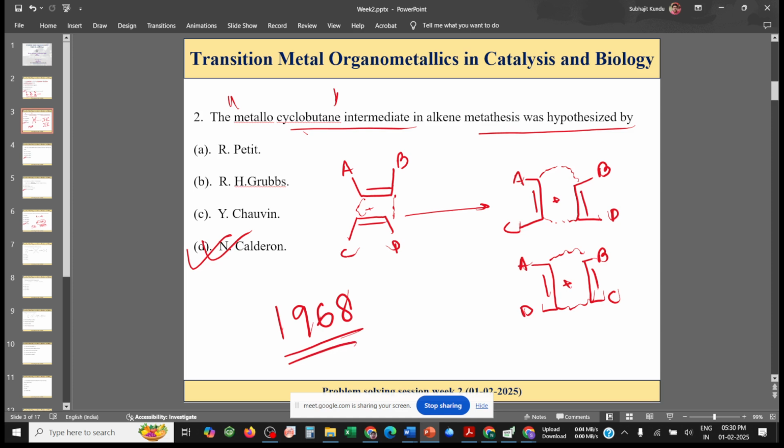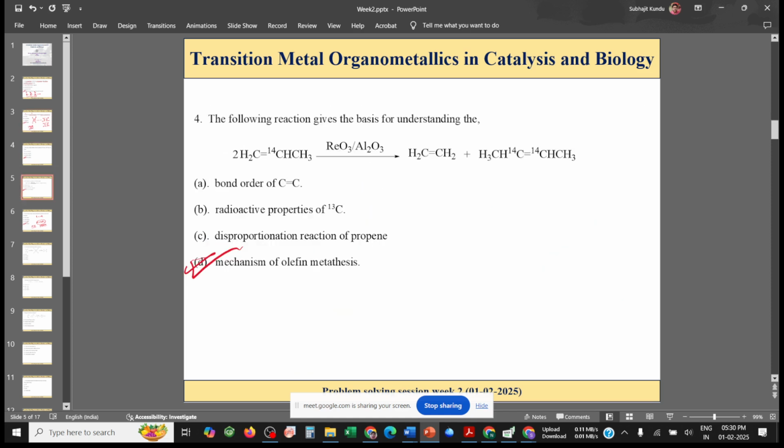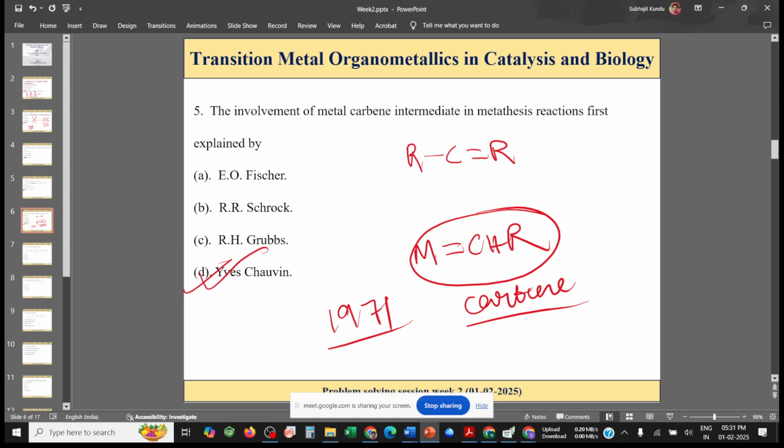So after 3 years he proved the actual mechanism of this metathesis reaction by simultaneous study of Fischer carbene or soft type carbene. He was able to prove that olefin metathesis reaction proceeds through a carbene intermediate. Okay.